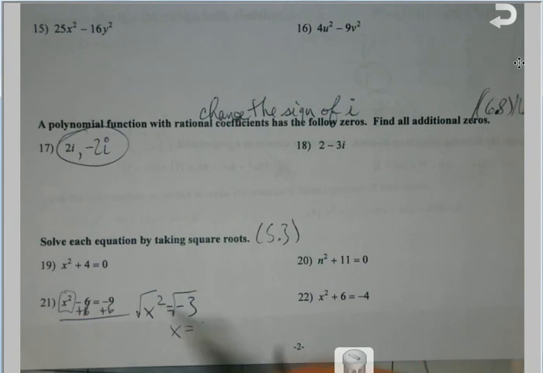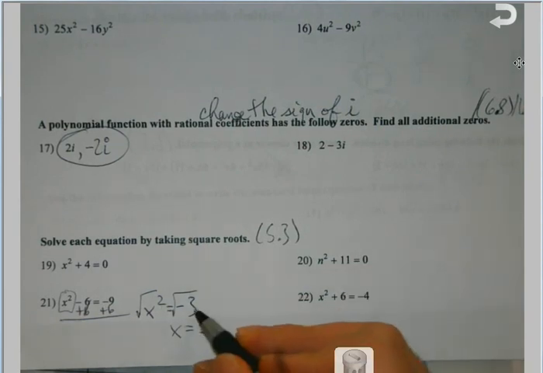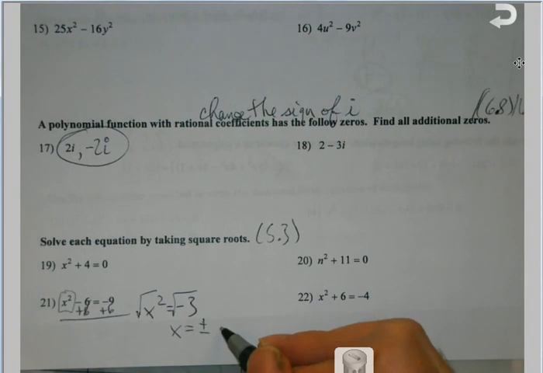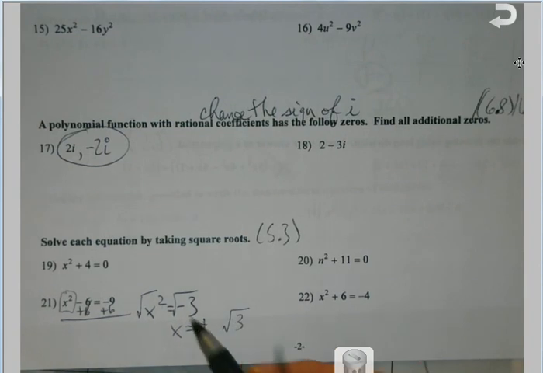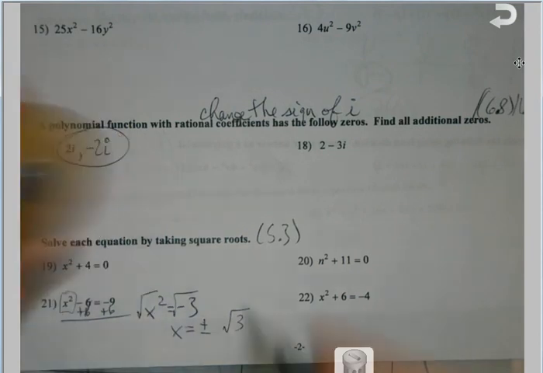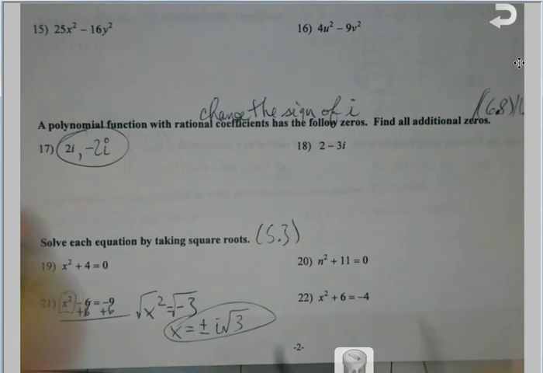Exponent of 2 means there's 2 answers, plus minus. All right. Now, I know 3 doesn't break down, so I've got that. Now, how do I deal with that negative again? Can I punch in the calculator? No. Do I ignore it? No. Oh, yeah, we're going to pull an i out. And I'm set.